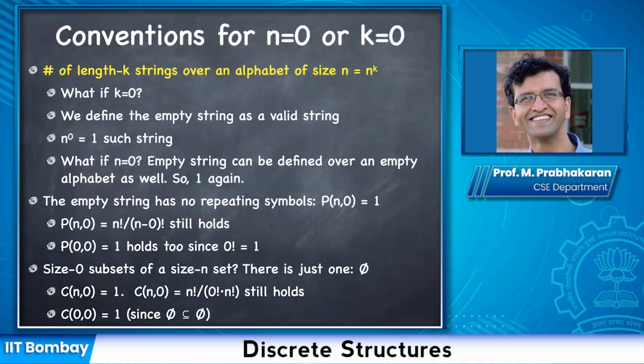So all of this, once you have 0 factorial equal to 1, and since we needed n factorial for this formula to hold, the formula actually extends to P(n,k) and C(n,k), and the number of k length strings over an alphabet of size n for n equal to 0 and k equal to 0.